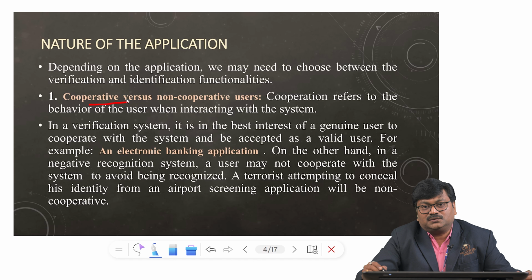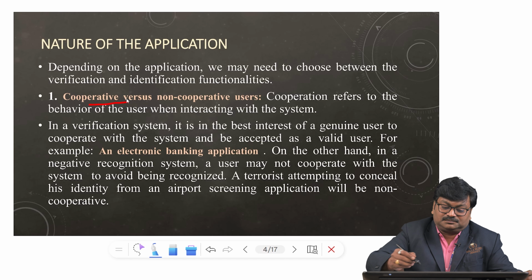A simple example is an ATM machine, where the customer or the user must be able to cooperate with the machine. Whatever questions the machine poses, the user must be able to present the answers. Based on that interaction itself, he will be able to go through that particular application.